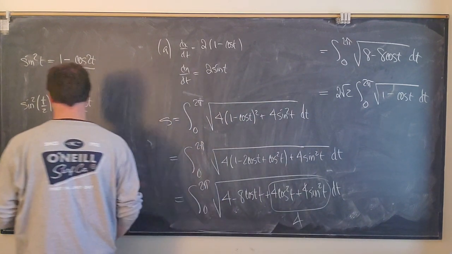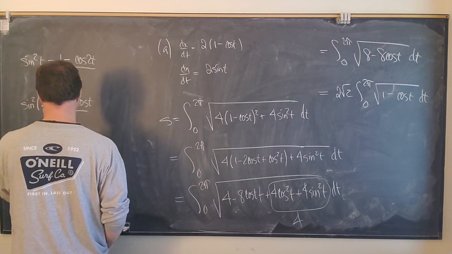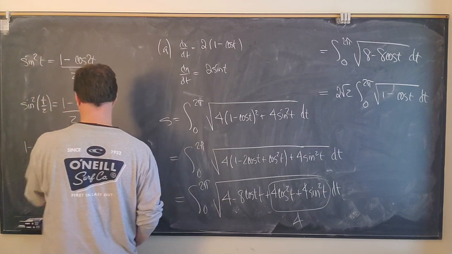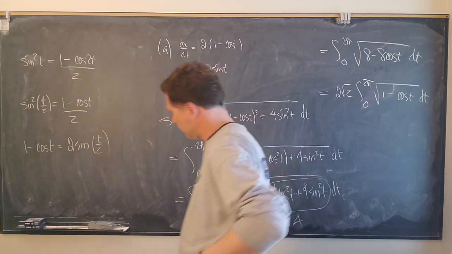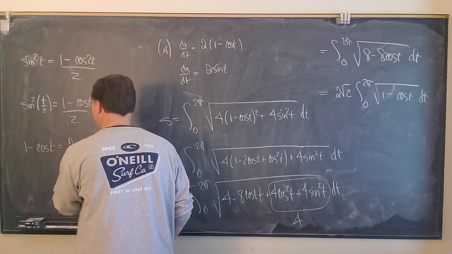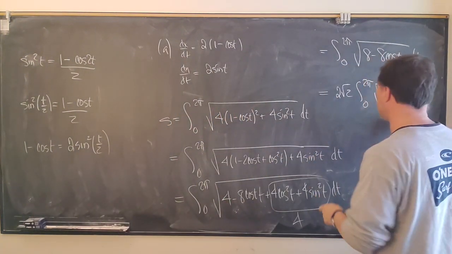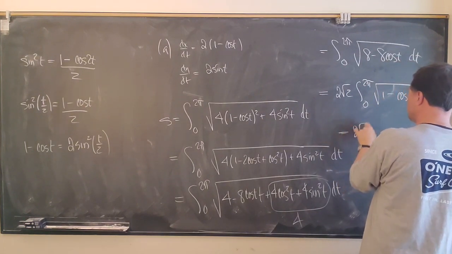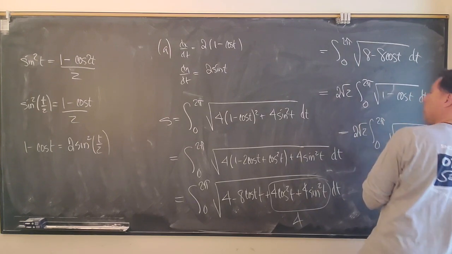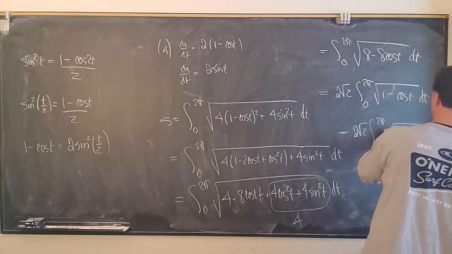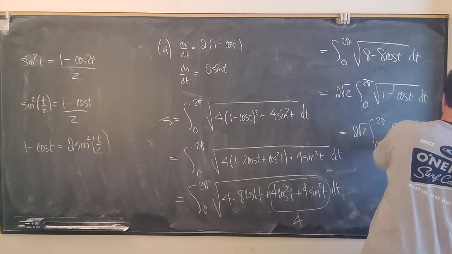Now, if I solve, we get that 1 minus cosine t is equal to 2 times sine squared of t over 2. In other words, what we have right here is a perfect square. This is 2 root 2, integral 0 to 2 pi. Under the square root, we now have 2 sine squared t over 2 dt.